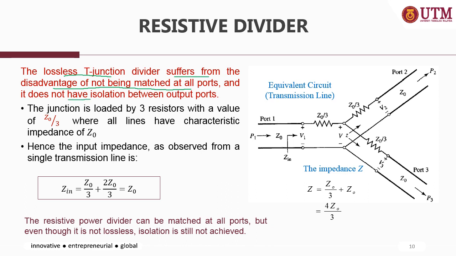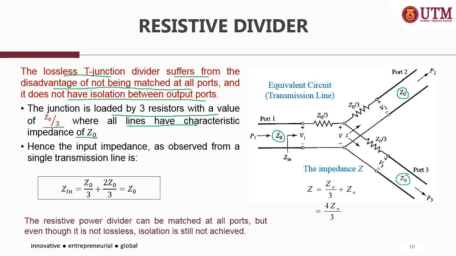It also does not provide isolation between the output ports, and it is difficult to achieve perfect isolation between the output ports. Therefore, the resistive power divider is introduced, in which the junction is loaded by 3 resistors with a value of Z0/3 each, where all lines have the characteristic impedance of Z0.